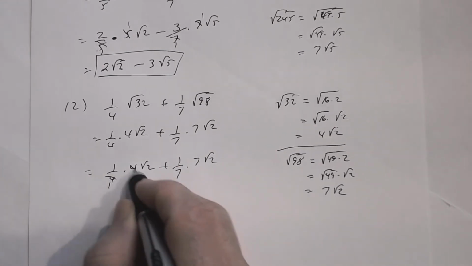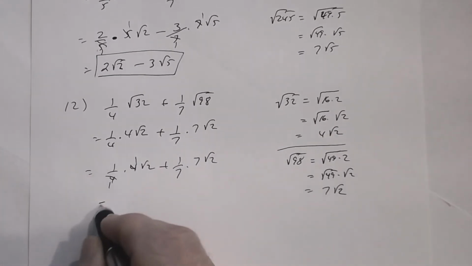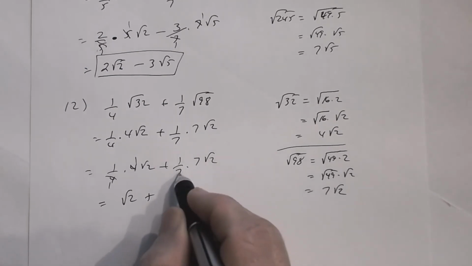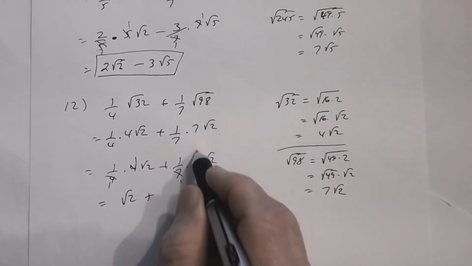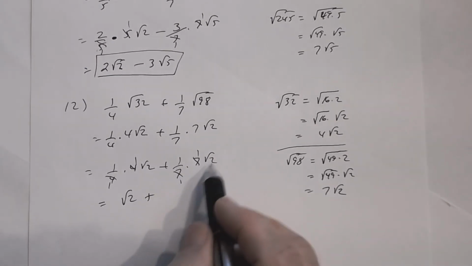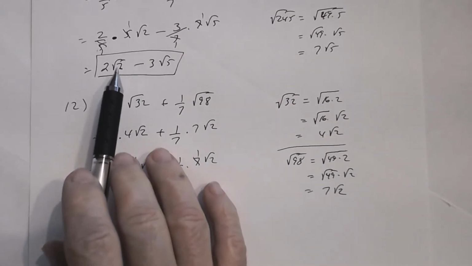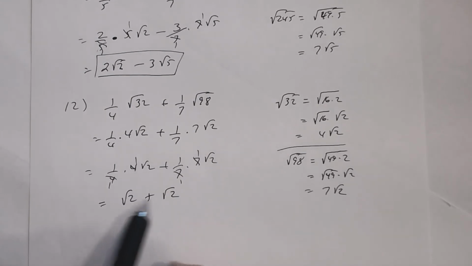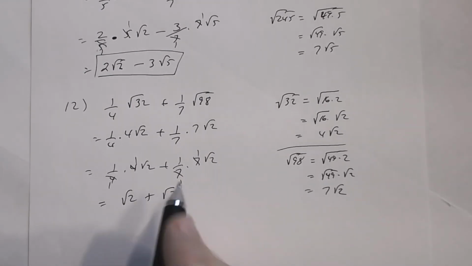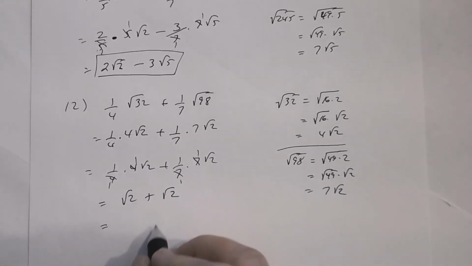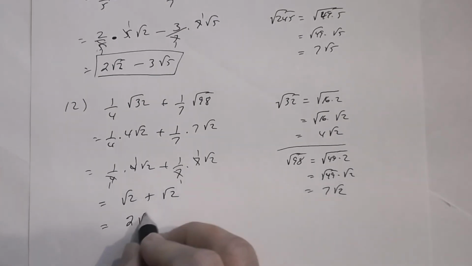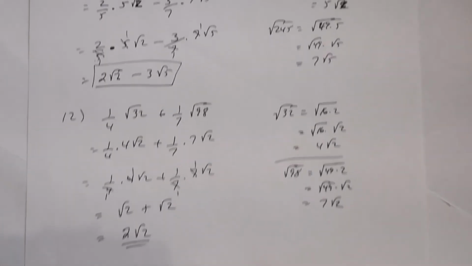So the 4's divide out, and so you get 1 times 1 square root of 2 is square root of 2 plus, and then over here the 7's divide out. You get factors of 1 in their place. You get 1 times 1 square root of 2 is square root of 2. And now, see how I could not combine these? But can I combine these? Yeah. So what's square root of 2 plus square root of 2? 1 plus 1 is what? 2. So it's 2 square root of 2. So that's your answer. Okay?